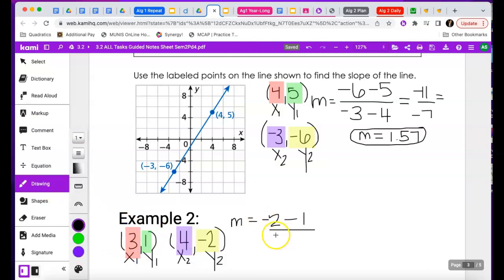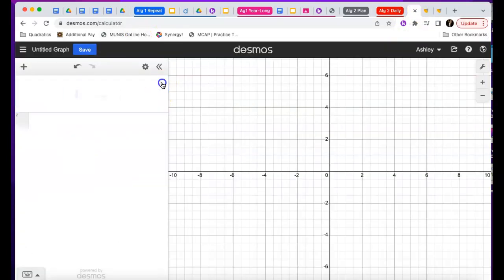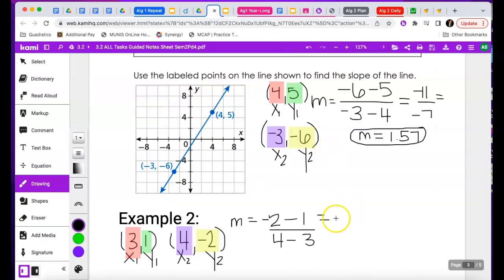So on the bottom, we'll do 4 minus 3. And here, I'll just type the top and the bottom into the calculator. So I have -2 minus 1. So I'll put a -3 on the top. And then divided by 4 minus 3, which I know is 1. -3 divided by 1, my slope is equal to -3.